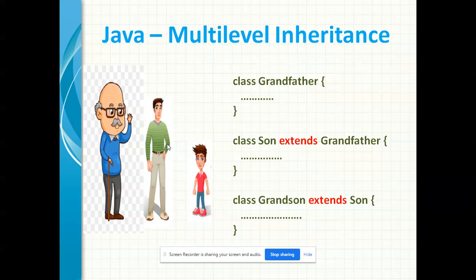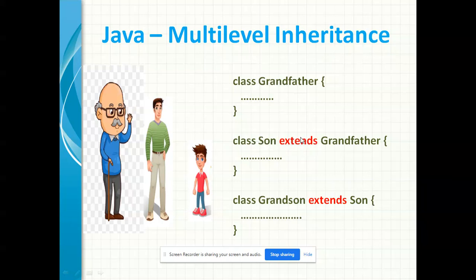For example, I'm trying to use the same scenario which I used in my single inheritance. Now you can look at the syntax. My top level class is grandfather. Grandfather will come with some characters, and from grandfather his son will get the behavior.